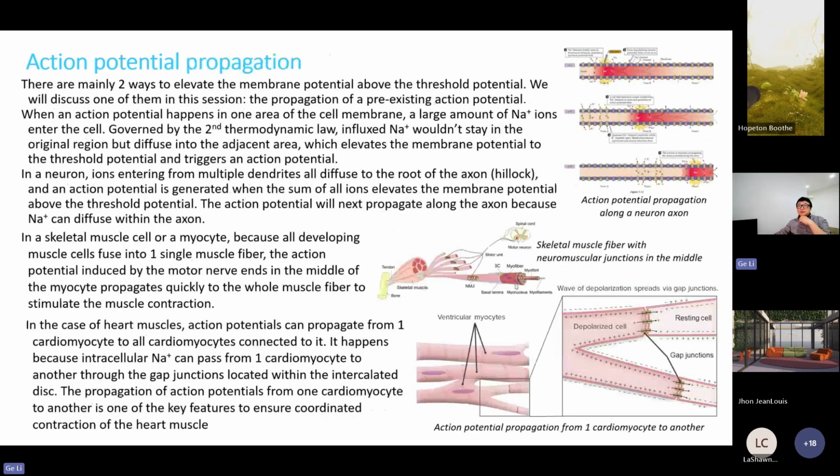And then let's focus on another thing that we have talked about before in the last semester. How the neural signals or the other activation signals can be transmitted from one place to another.